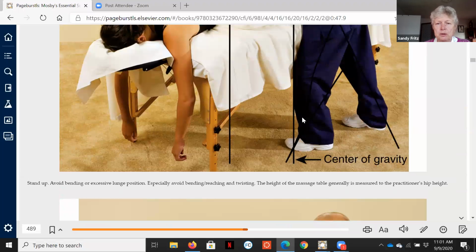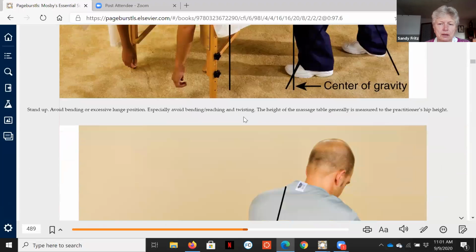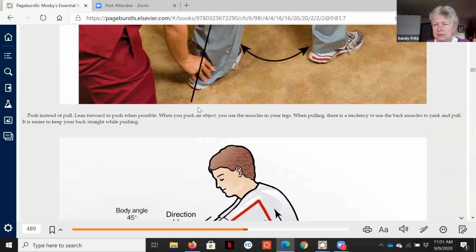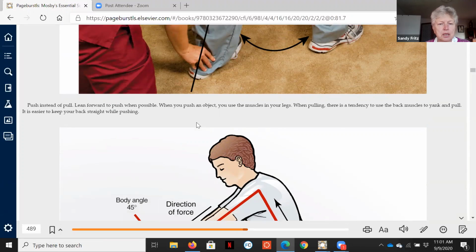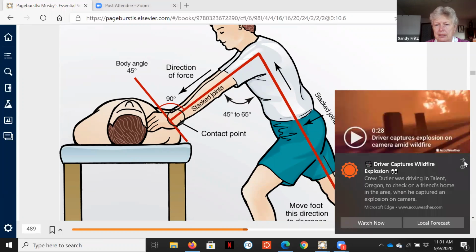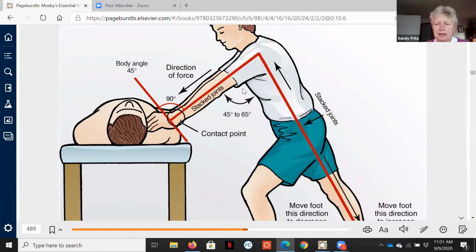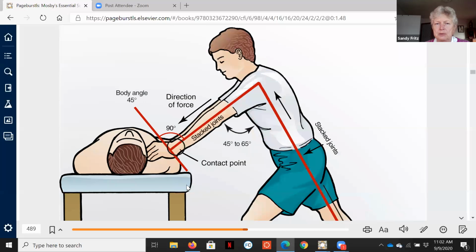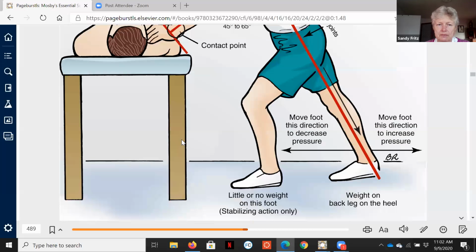So here's just a reminder in a practical application of how we are going to directly use this information. And here's a little schematic that you can use to mimic how you're setting your body up and the biomechanics principles that are involved with that.